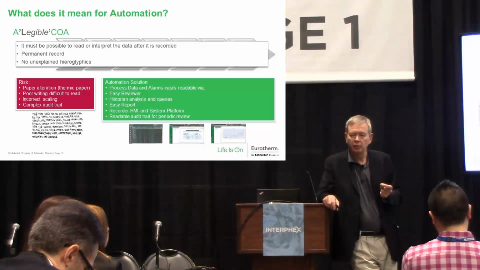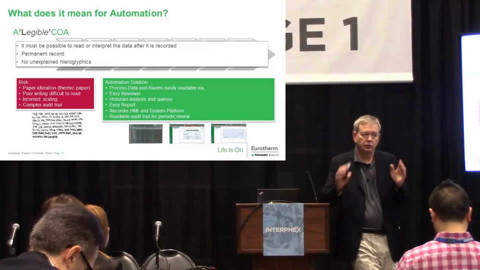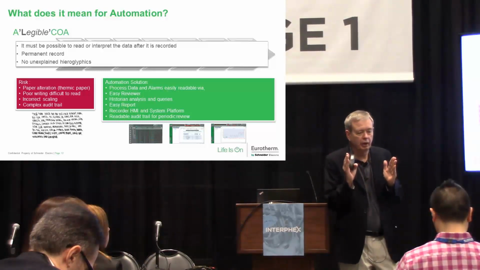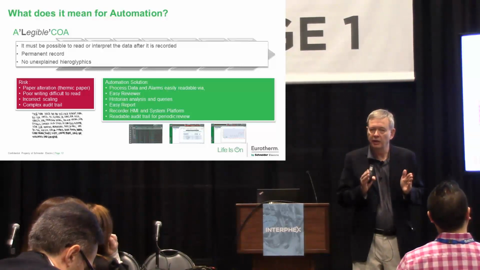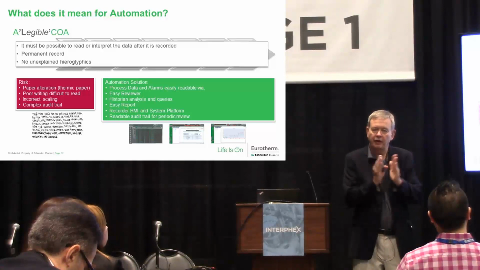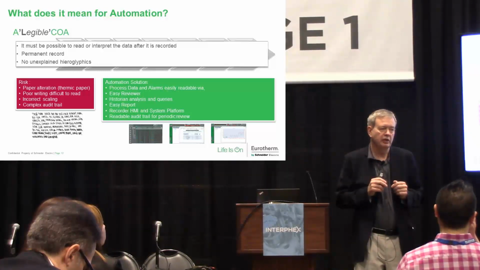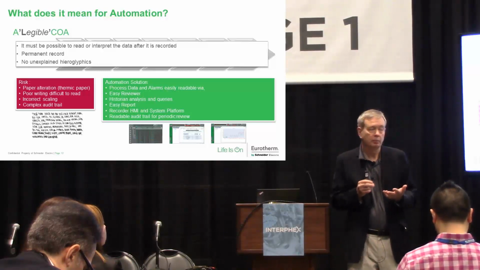But this comes into play with electronic record keeping as well, because those same trend charts that you could generate on paper can be displayed graphically in electronic systems as well, and automation systems. But if you don't have the scaling right on that graph, the information you see may not be very informative and may not be able to tell you what you want to know.